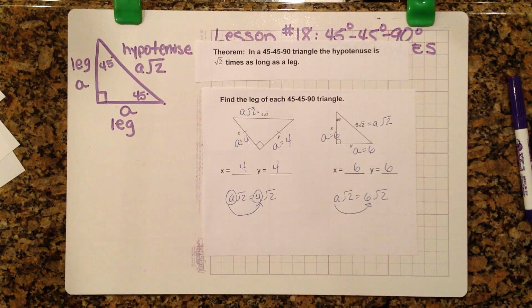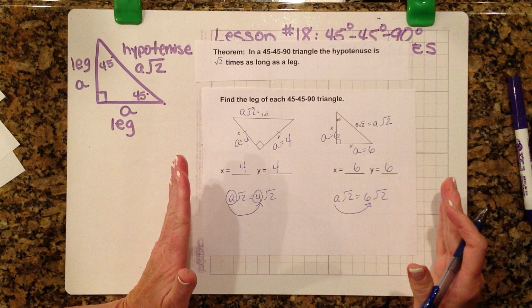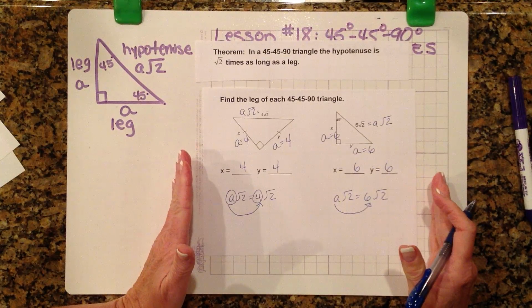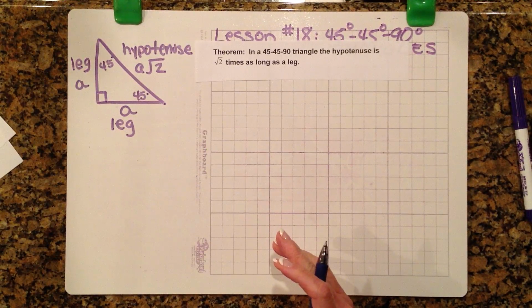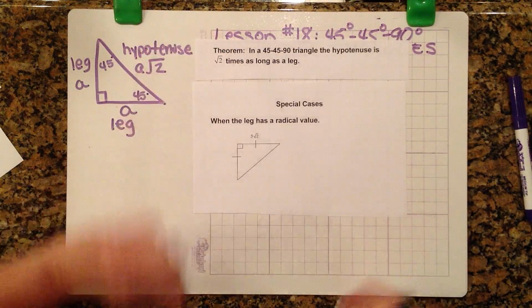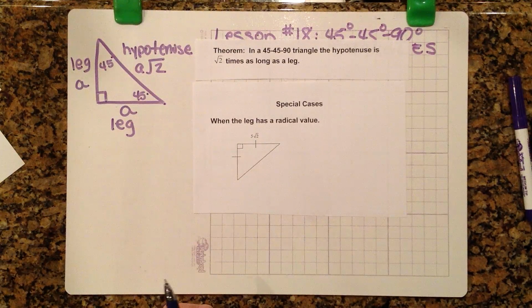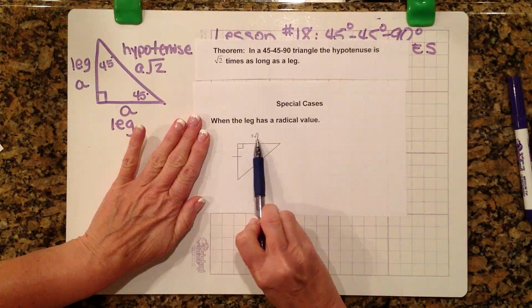Okay, I will tell you these are very, very basic 45, 45, 90 problems. It does pick up, and you can have a couple of special cases. All right, let's talk about those. Now, if you notice, my leg is 5 square root of 2.